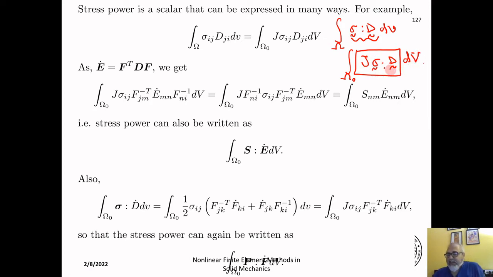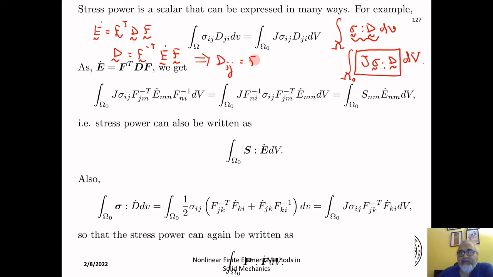I can express this in terms of other stress measures, and to do that, first let us remember this expression that we had derived, E dot equal to F transpose D F. We had derived this earlier, which means that D is equal to F minus transpose E dot F inverse, or in index notation Dij is F inverse Ki E dot KL F inverse Lj.